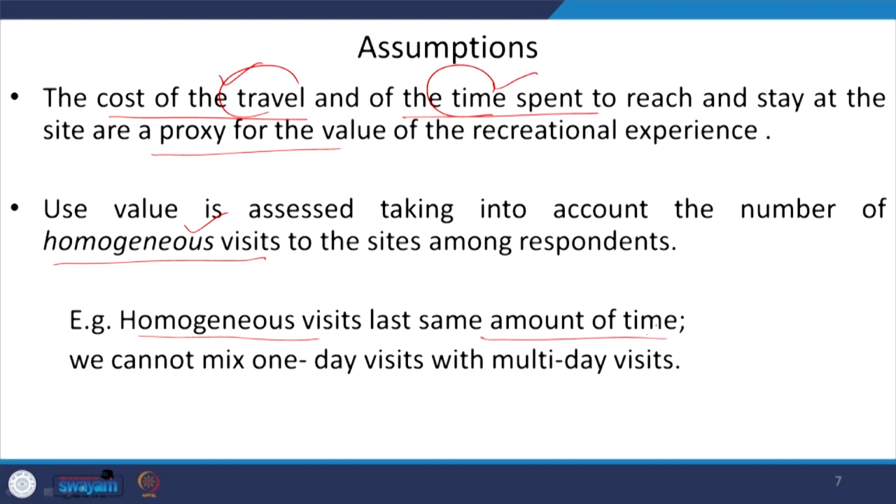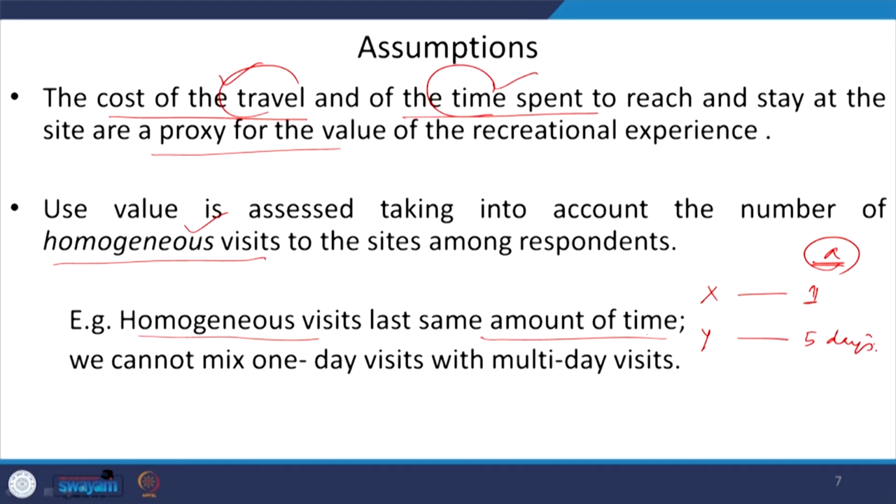So, if a particular individual or visitor is paying a visit to, let us say, a recreational site for one day, he is spending one day, and a second visitor, Y, is also visiting that particular site, but he is spending let us say 5 days.